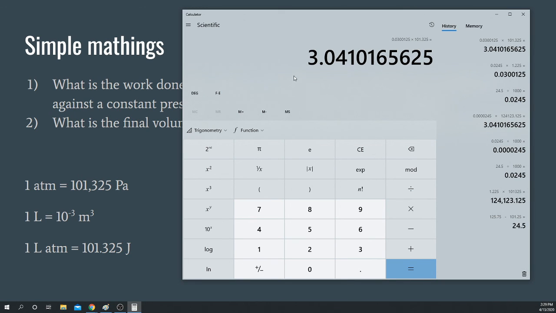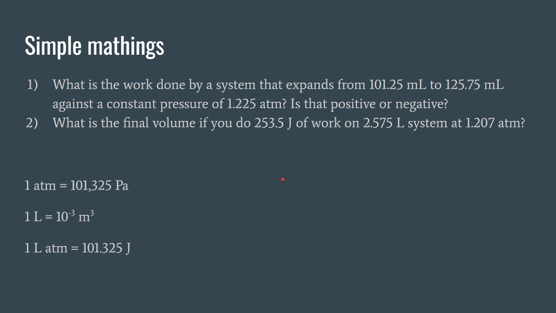Meaning that the actual answer is negative 3.041 joules of work. It's doing work. It's expanding. All right, and I will leave that problem, number 2, as an exercise for you to do at home. Just be aware you're doing work on the system, so that number should be positive for number 2.